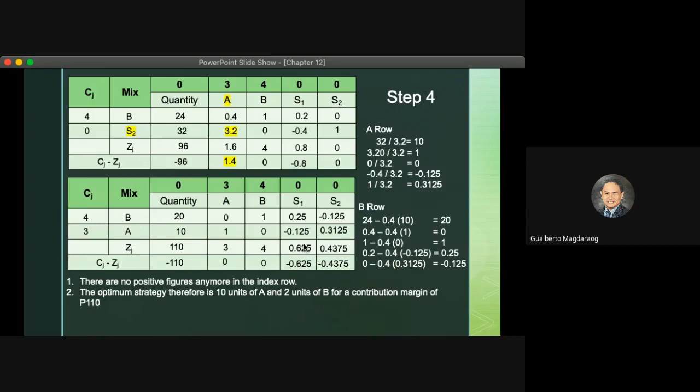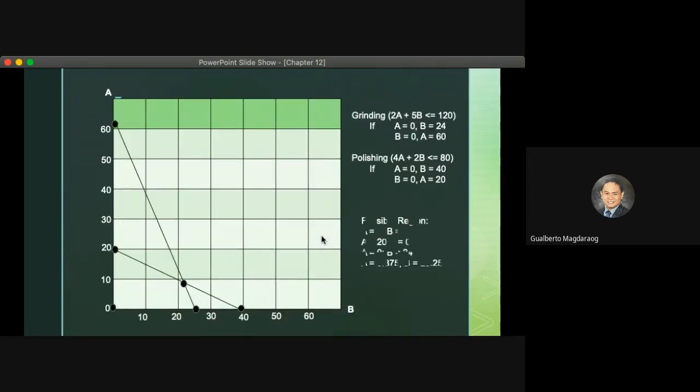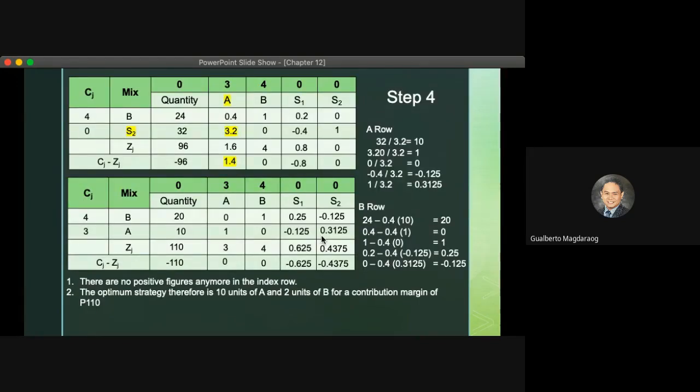So if we compute for the shadow price of the polishing department, we will arrive at 0.4375 additional CM for every hour added in the polishing department, under the slack 2 for the polishing department. Okay, so ito na yung shadow price.